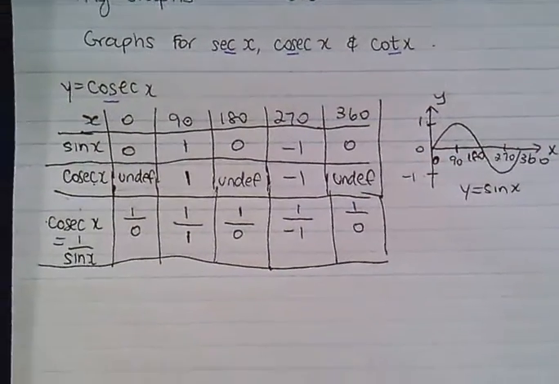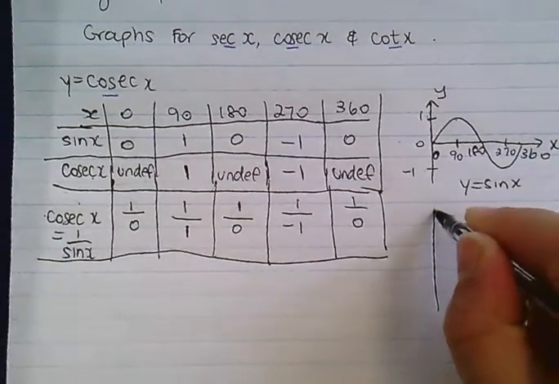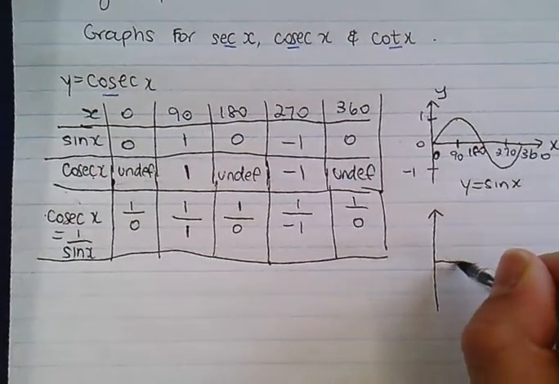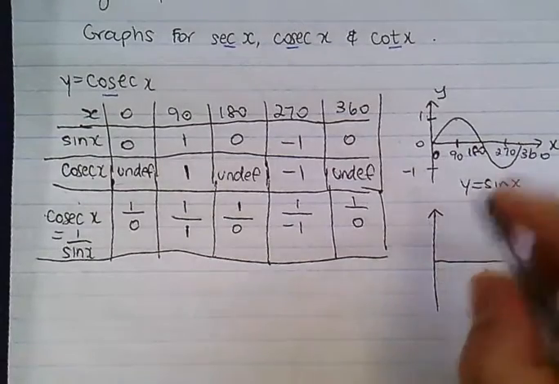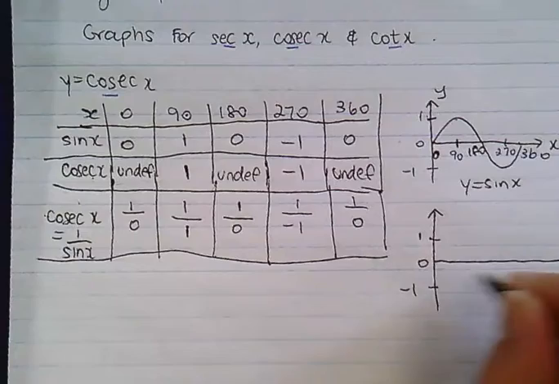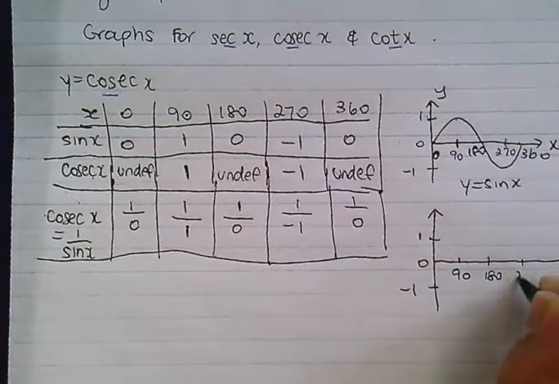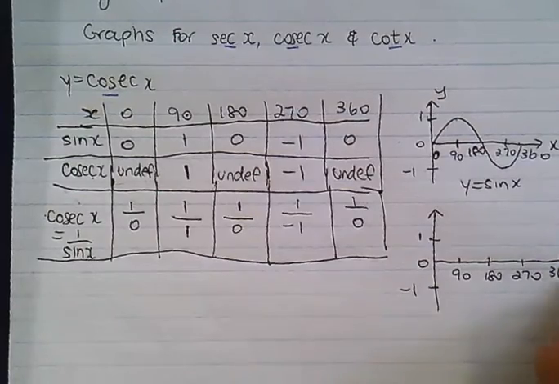So if that is the graph of y equals sine x, the graph of y equals cosec x looks like the following. 0, we've got 90, 180, 270, 360.